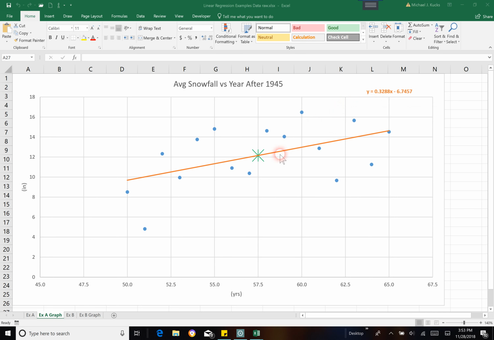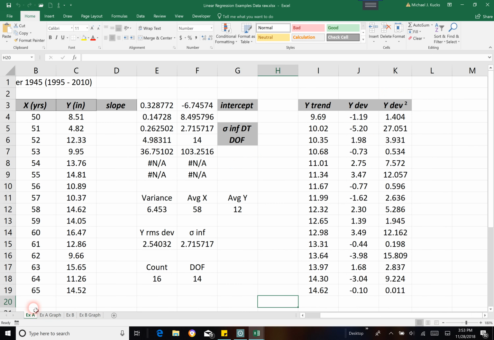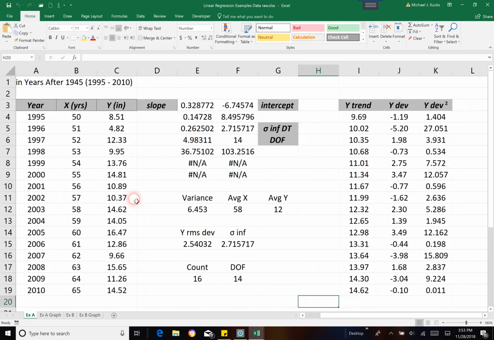We then spent some time on this page doing some calculations.